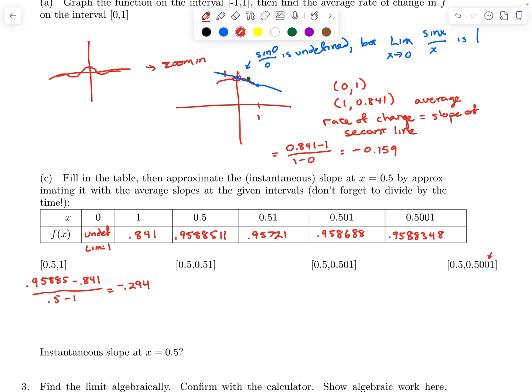Notice it doesn't matter which one you put first, you just have to be consistent. So if I have 0.5 first on the bottom, I have its number first. And again, I didn't bother to put the 1s in except for the very last calculation.